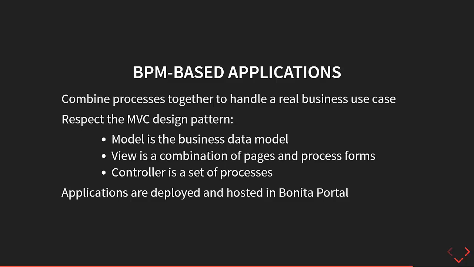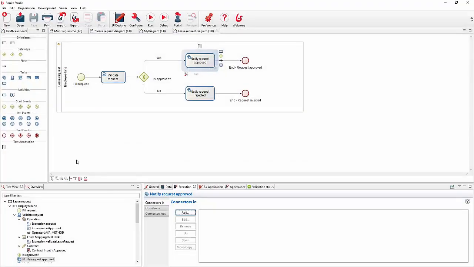Now if I show you in the studio here, so we have created our process, we have our model, but now how to create this view that can be independent of our process definition.